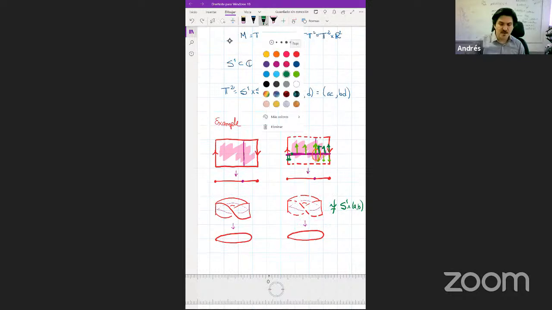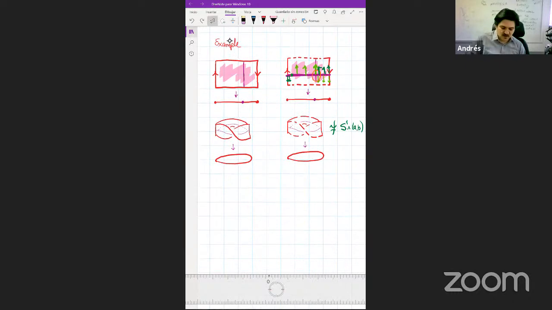Also, note the following, something that we were working out also holds.